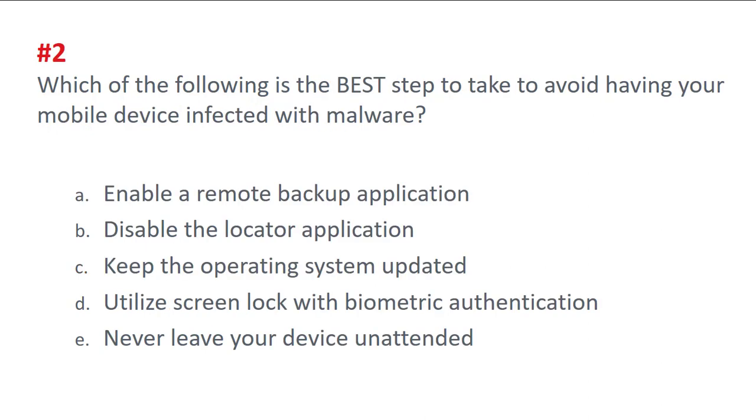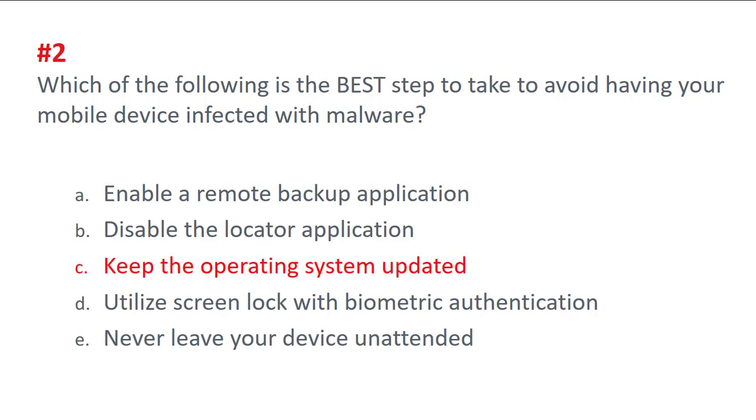If we jump to the next question here, which of the following is the best step to take to avoid having your mobile device infected with malware? Take a second to look through these 5 options. As you look through those, there's only one that even makes sense as being the best step, and that is capitalized for a reason. The best step to take to avoid having your mobile device infected with malware is make sure you do your updates.